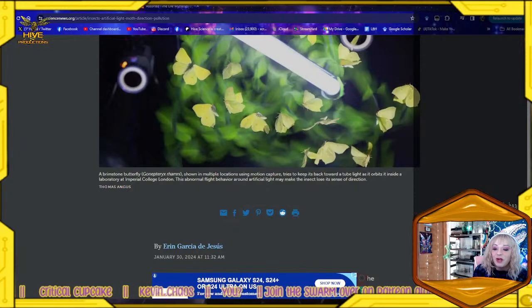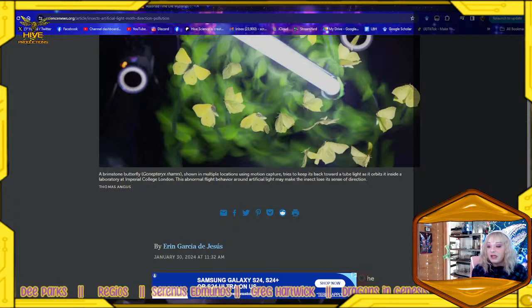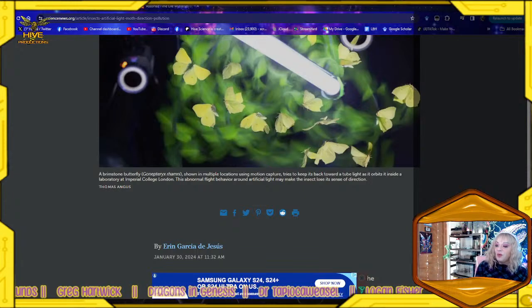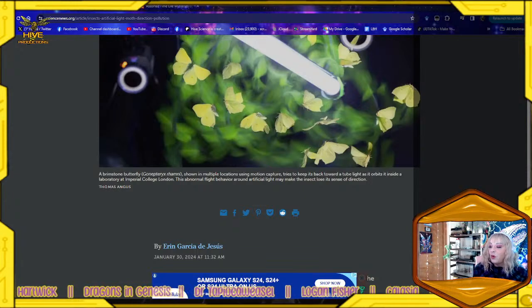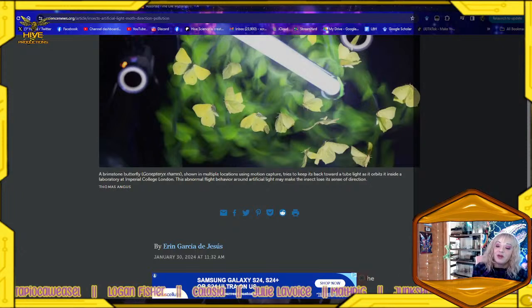A brimstone butterfly, Gonepteryx rhamni, shown in multiple locations using motion capture, tries to keep its back towards a tube light as it orbits inside a laboratory at Imperial College London.